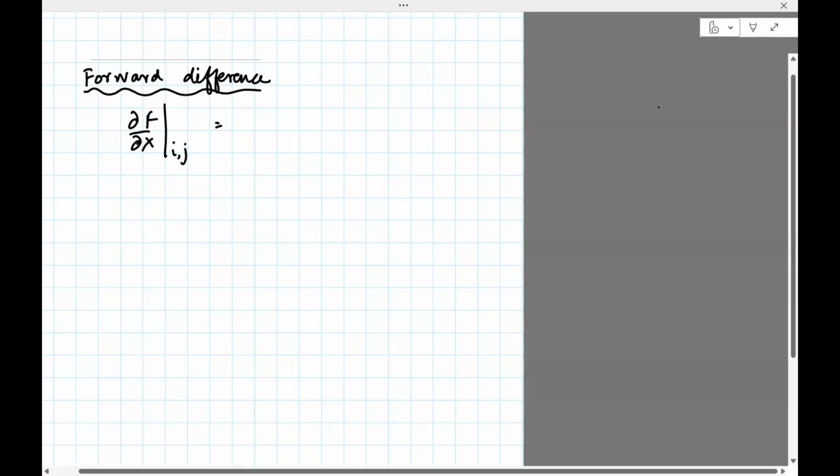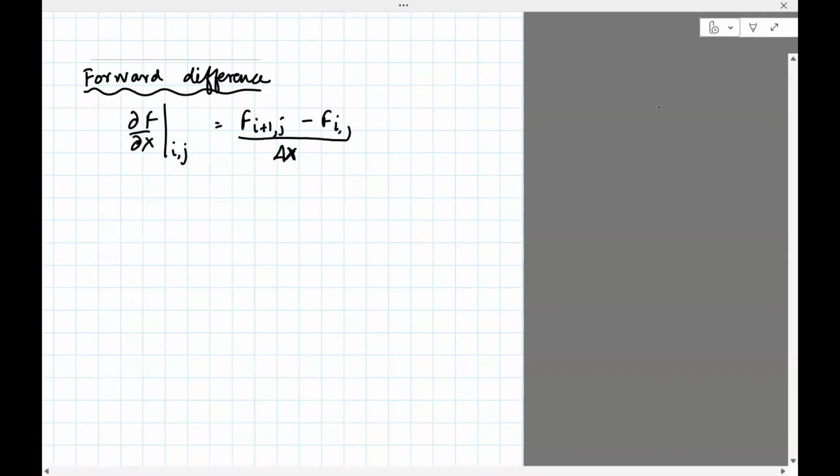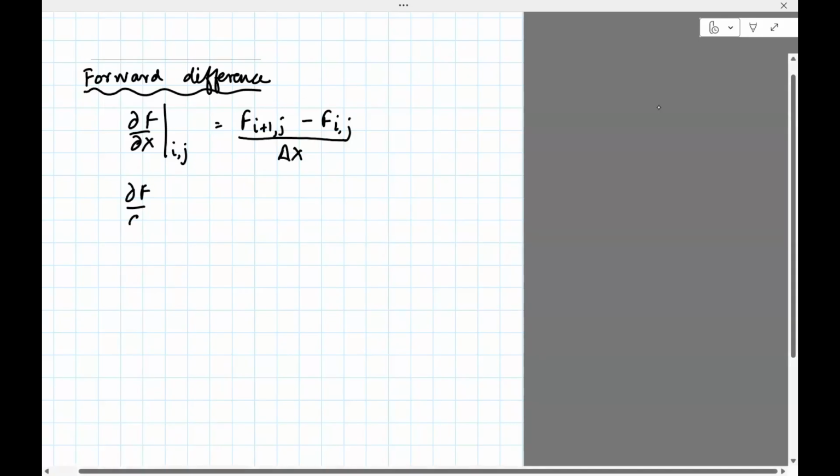What we do here is we take f of i plus 1, subtract from f of i, and divide by delta x, right? This is for 1 dimension. If you had only 1 dimension, you do that. But since the second dimension is a constant, you just have to keep it as it is, so j. So similarly, if you want to compute df dy at x of i j, then it is f of i, j plus 1 minus f of i, j, and then i is constant, so just keep it as it is, divided by delta y.